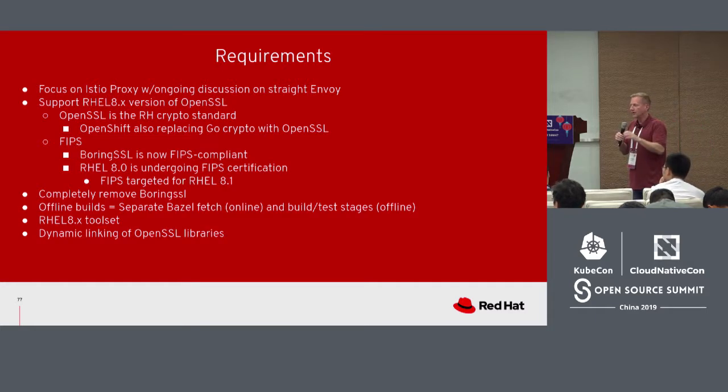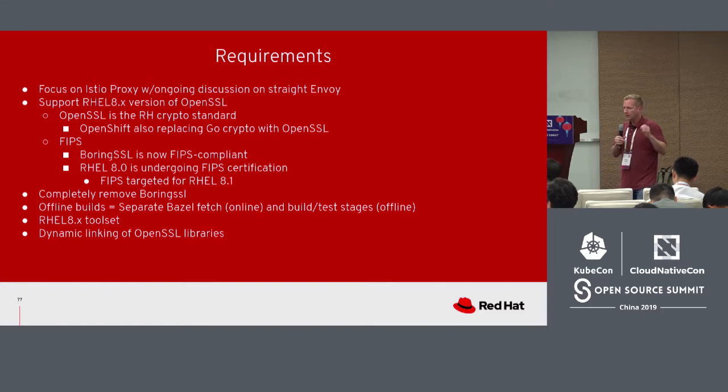Another interesting conversation that came up over the last couple of weeks is that BoringSSL, as Brian mentioned, is very dynamic. It's changing all the time. The APIs change all the time because it's targeted at a different set of use cases than OpenSSL.